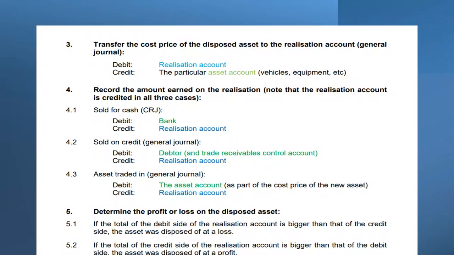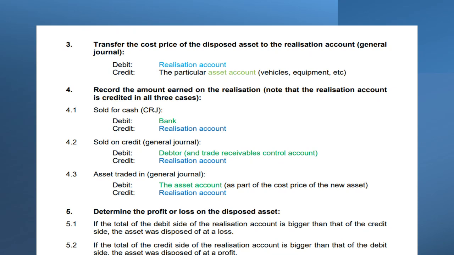Step number 3, they are saying transfer the cost price of the disposed asset to the asset realization account. Remember, when you bought an asset, what did you do? You debited that asset. If you bought it for cash, you credited bank, or if you bought it on credit, you credited your creditors and raised that liability. But here we are dealing with the portion of an asset.